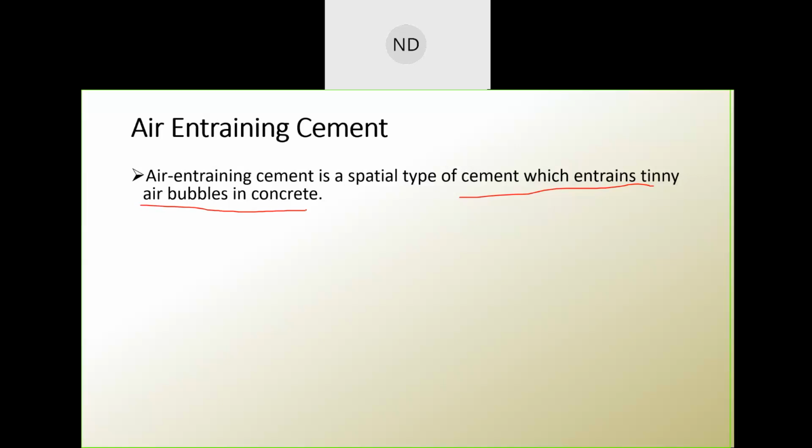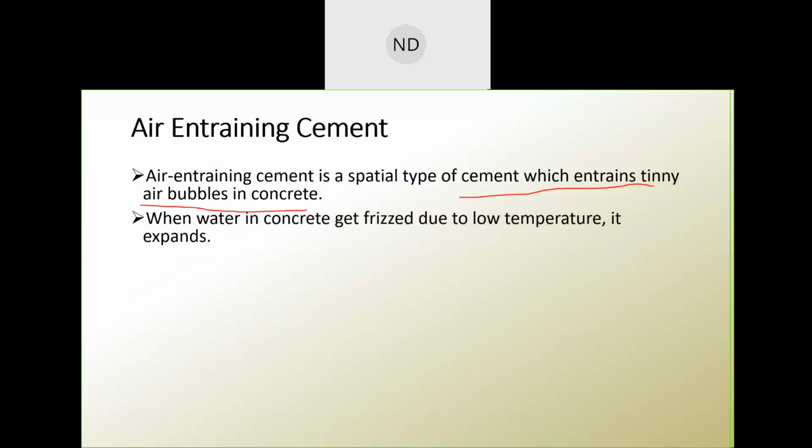Because when water in concrete freezes due to low temperature, it will expand. In very cold places, where the temperature is below 0 degrees, if there is some water present in the voids inside the concrete, it will freeze.